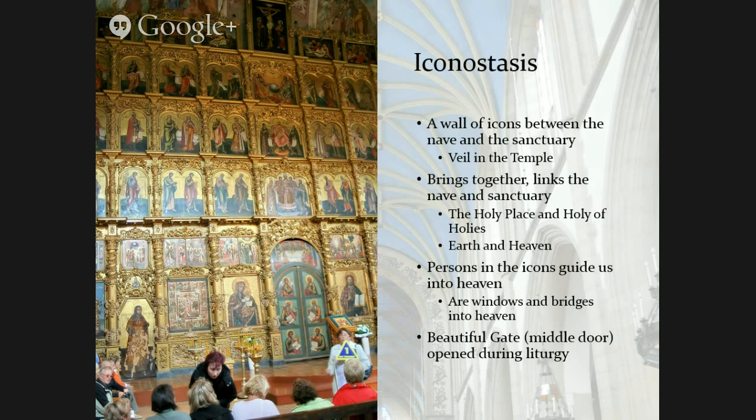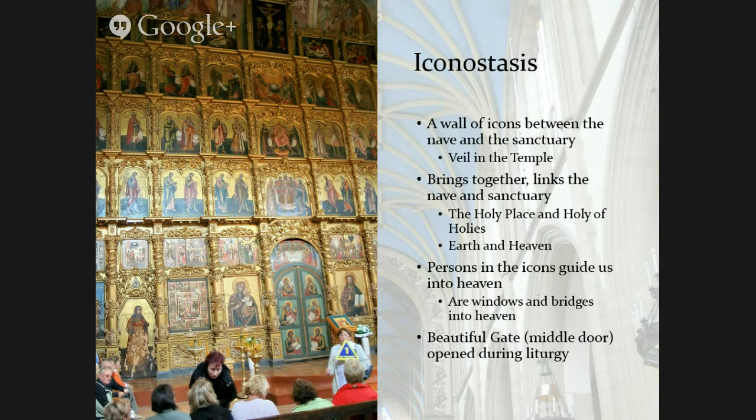Then during the Mass, there would be points in which the priest would come out the main doors, or the deacon through the side doors. And so you'd be able to see in somewhat, and he'd bring heaven out to you. I've never actually been to a liturgy, but it would be fascinating to see it. So there's all sorts of different stuff.